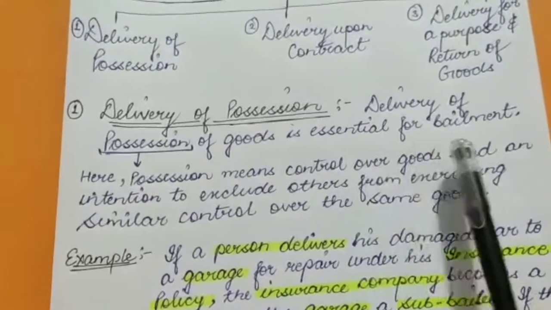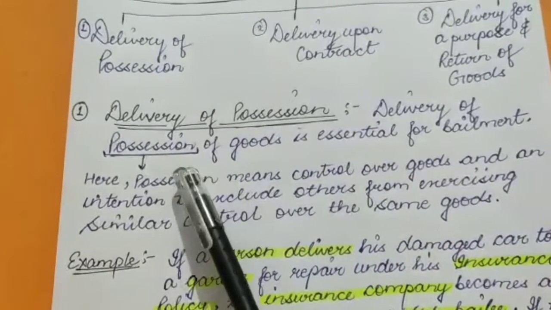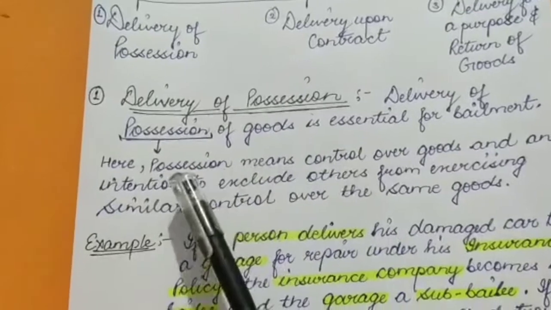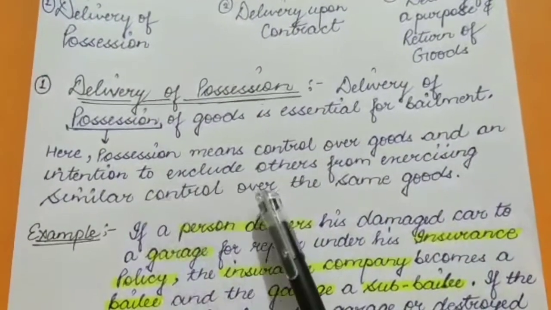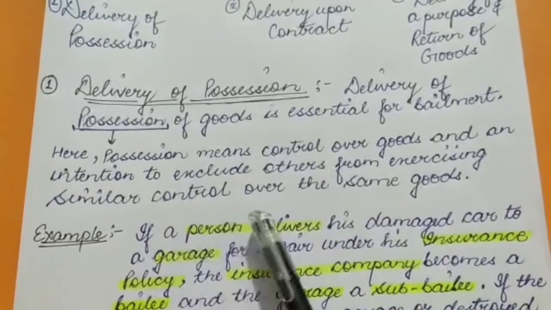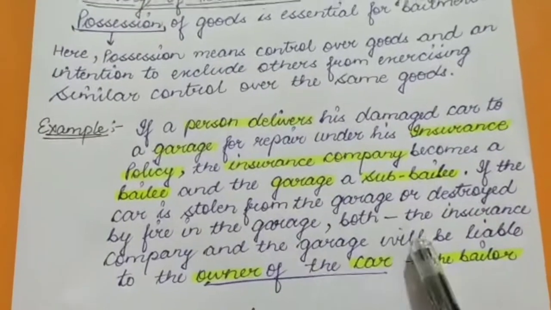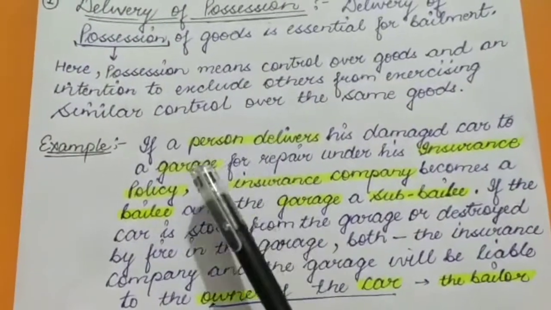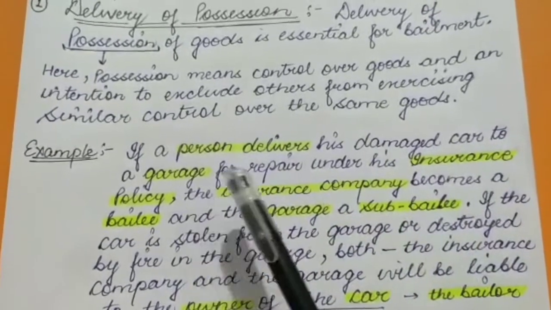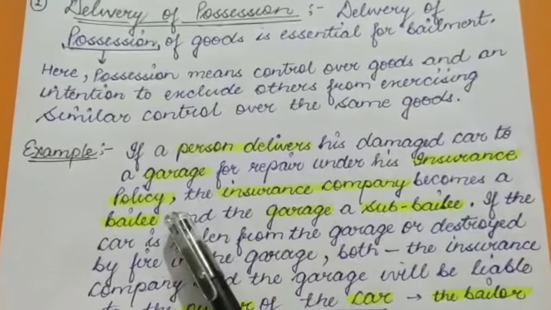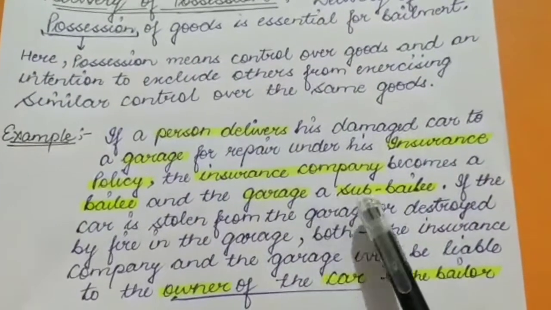Delivery of possession of goods is essential for bailment because delivery is very important in bailment. Here possession means control over goods and an intention to exclude others from exercising similar control over the same goods. Here is one example. If a person delivers his damaged car to a garage for repair under his insurance policy, the insurance company becomes a bailee and the garage a sub-bailee.